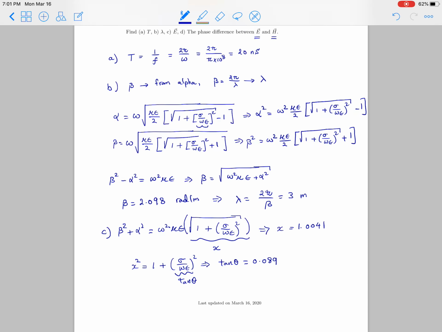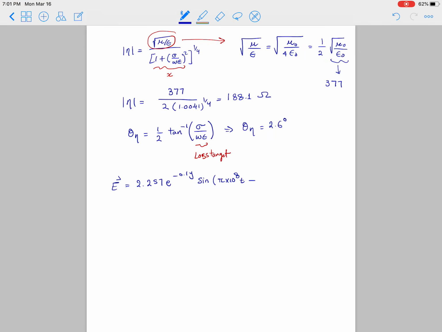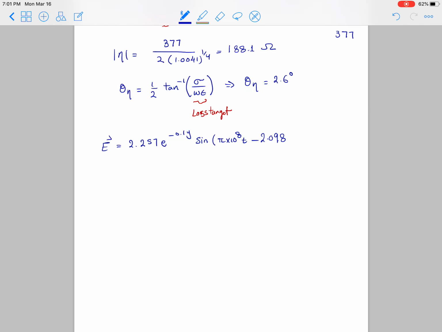The amplitude was 2.098, and the wave is propagating along the y direction.